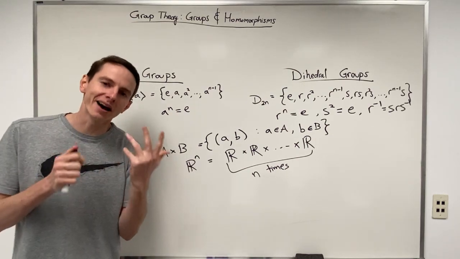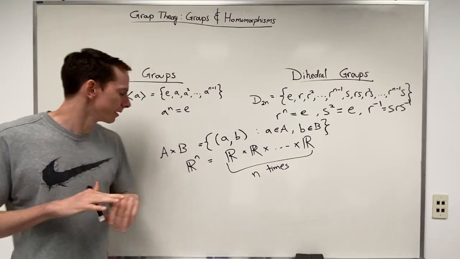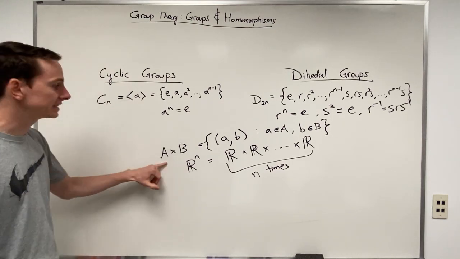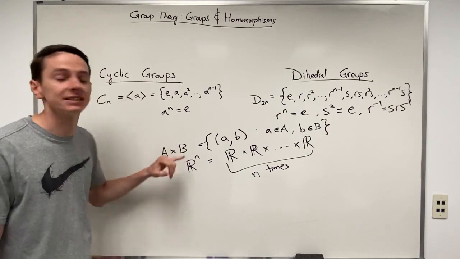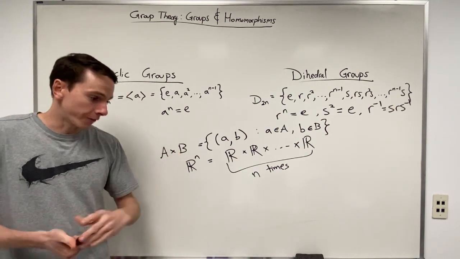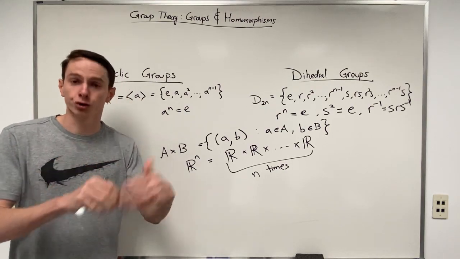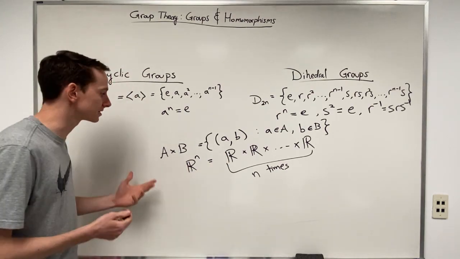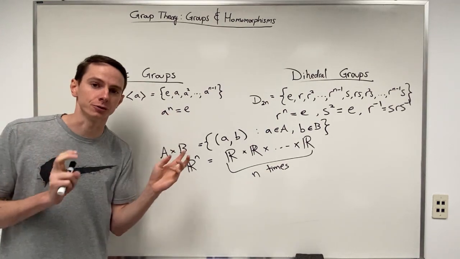Because it turns out that a lot of the groups that we end up looking at might end up looking like C_n cross C_m, or something like that. And fundamentally, that is how that group, whatever that group looks like, behaves. It behaves like a type of product of groups.